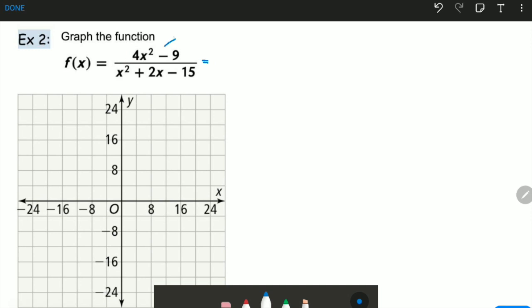The first one there is 2x squared, and the second one is 3 squared. So it's the a squared minus b squared pattern, whose factors are a plus b and a minus b. So the factors of the top would be 2x plus 3 and 2x minus 3.